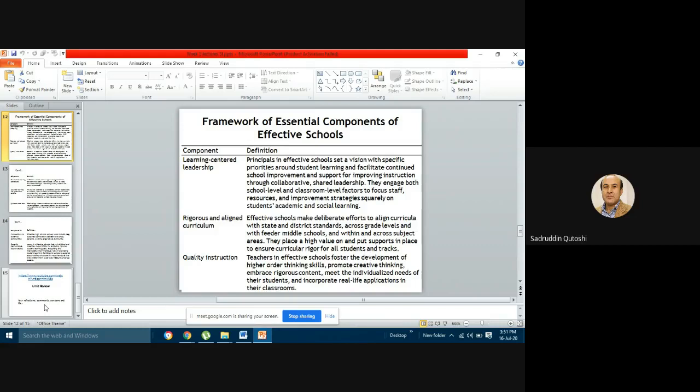Next comes quality instruction. Again, we have discussed in previous classes three types of teaching approaches. One is the teacher-centered approach to teaching, that has some limitations in the light of a very narrowly conceived interest of education, as a very traditional approach to teaching.